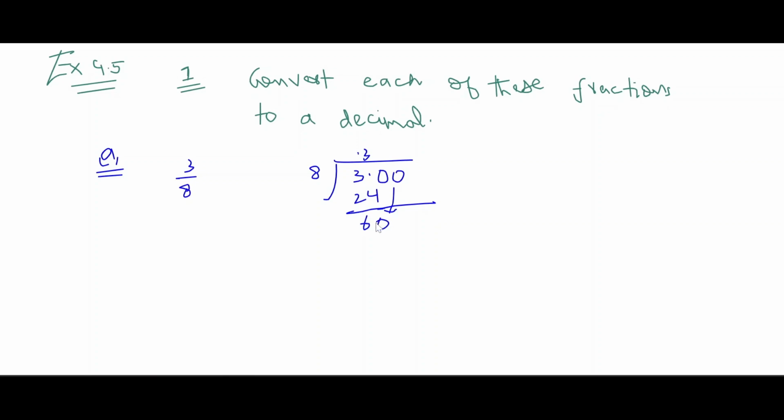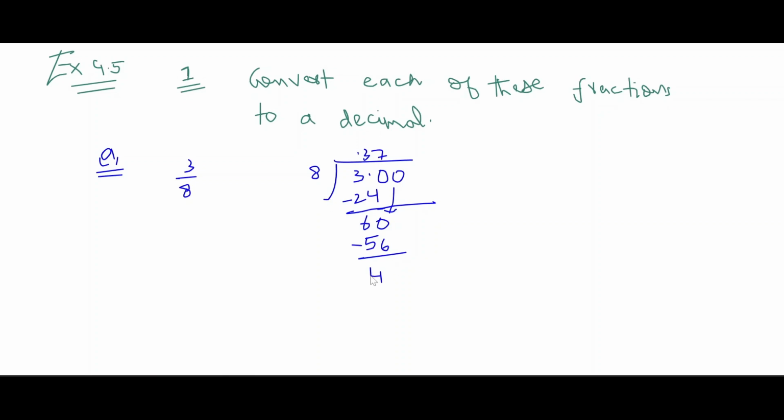So now we will divide 60 by 8. The number we will get is 7, 7 into 8 is 56. We are subtracting 60 minus 56, so here is 4.